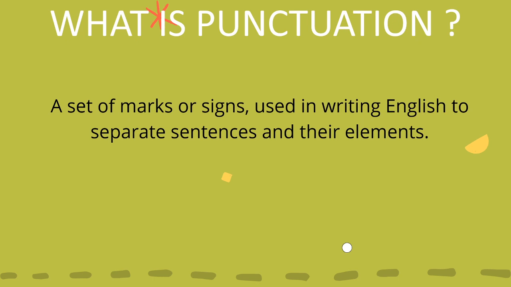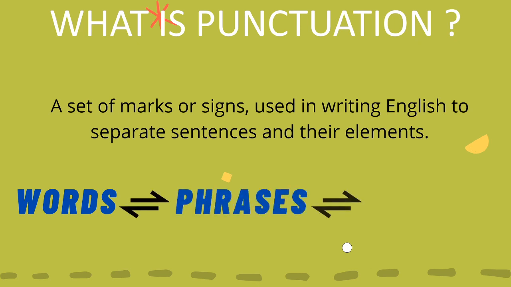Let's see what the elements of a sentence are: words, phrases, and clauses, and how these are all linked in a sentence and how meaningful they become once they are used with punctuation marks.